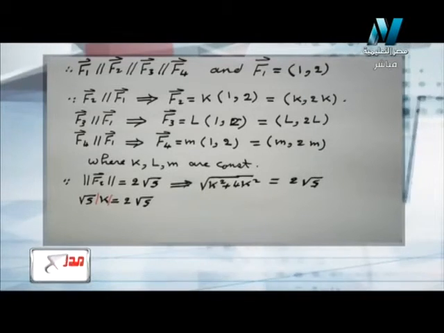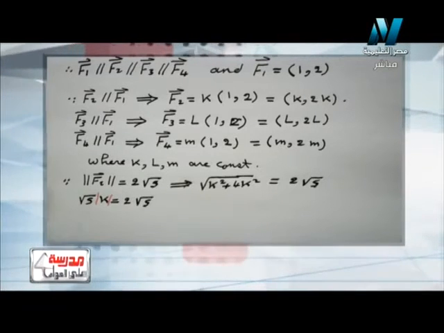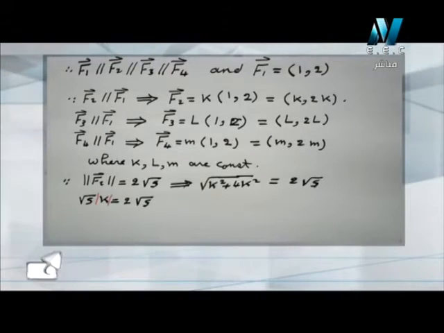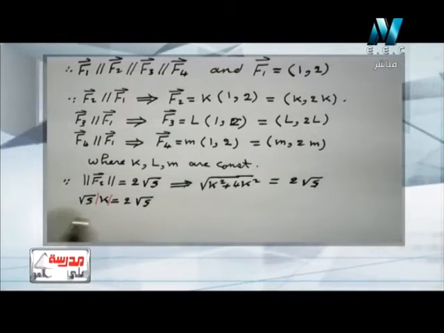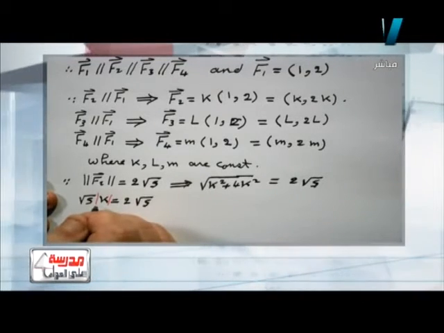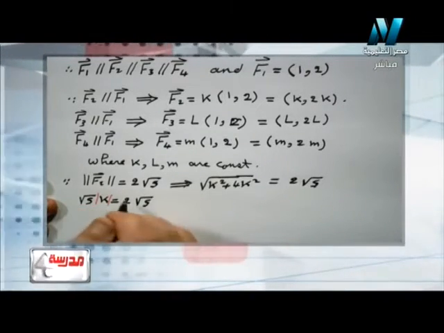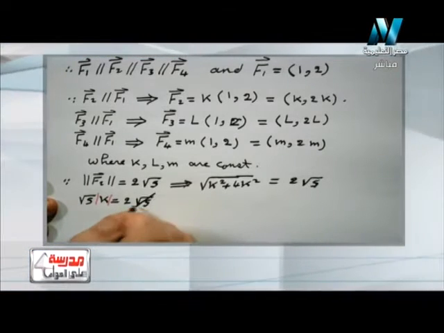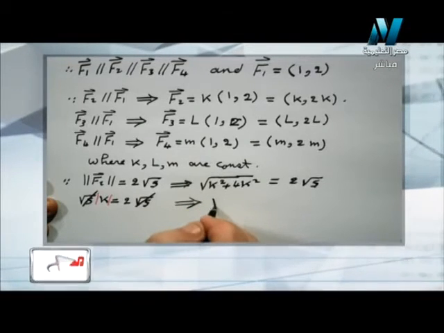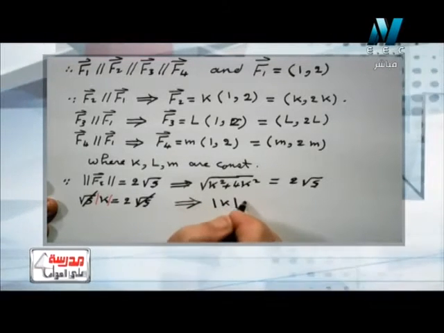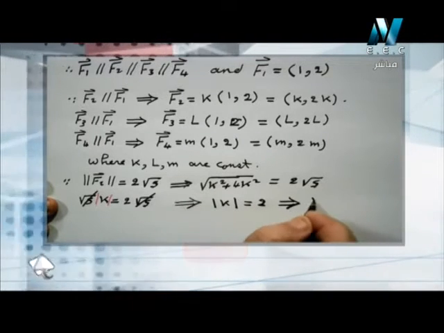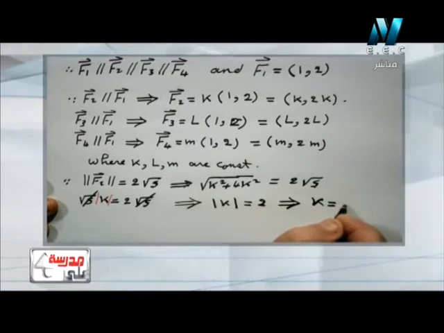Because the K may be positive and may be negative according to the example. فيبقى بالتالي لما اخدنا روت K square it is absolute K وروت 5 equal to root 5 divided by root 5, then absolute K equal to 2, which means that K equal negative 2.